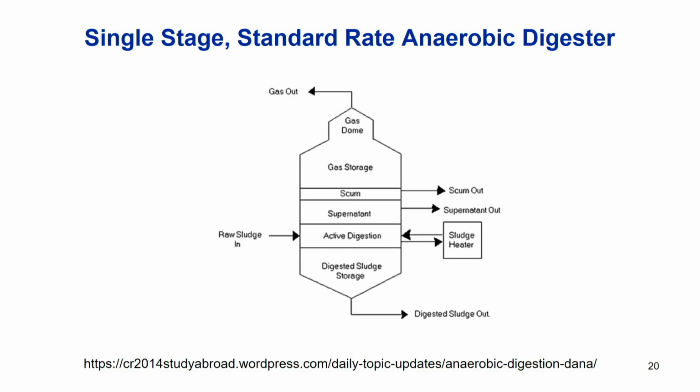It stays there for a long period, several days, and then we can have the scum, the oil scum, on the top, then the supernatant. Here we provide a heater also, because it is done at a particular temperature, in the mesophilic or thermophilic range. If we are doing it in the mesophilic range, then the temperature should be around 35 degrees centigrade or so, and then the digested sludge is removed from there.